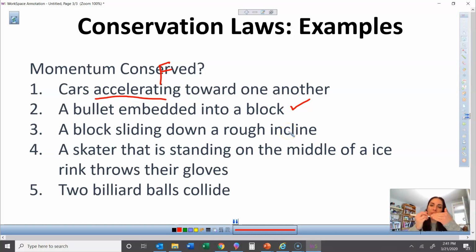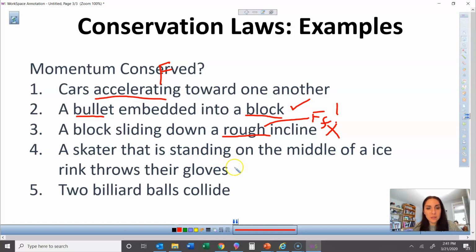When it goes into the block, that's an internal force, not an external force, because the system is the bullet and the block. If I said the block is going into the bullet and the bullet's being pushed by, I don't know, a hammer, then there are too many objects. That's an outside force. A block sliding down a rough incline. Rough implies friction, so this is an outside force, so this is not conserved.